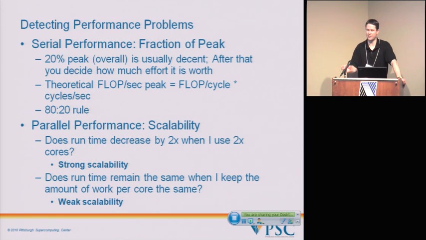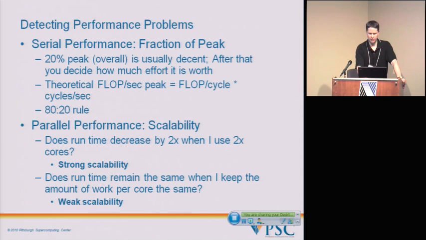But again, you should assess that and look at the algorithm and see what you should expect to get from that algorithm. Well, this is a rule of thumb: if a code gets 40% of the peak performance, and it's just a general scientific application, that's usually really, really good.